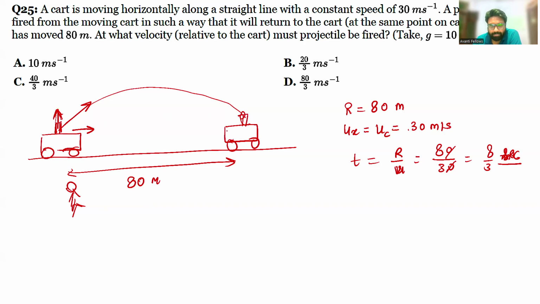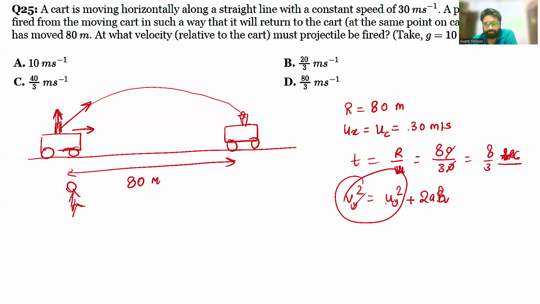For that, we will apply the equation Vy is equal to Uy plus Ay into t, or Vy square is equal to Uy square plus 2As. The vertical displacement is 0 over here. So from that equation, we can also say that Vy at the initial and at the final will be the same. Got it?